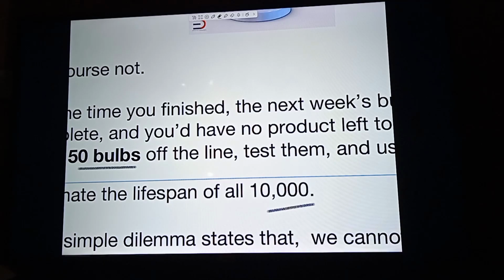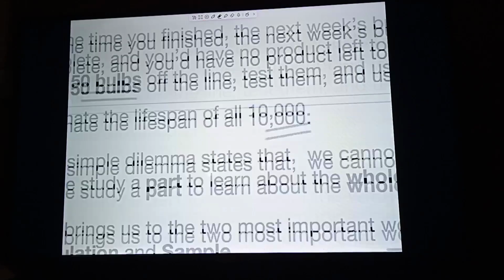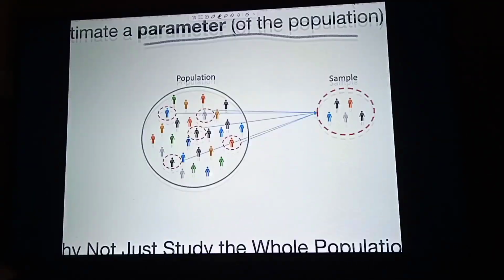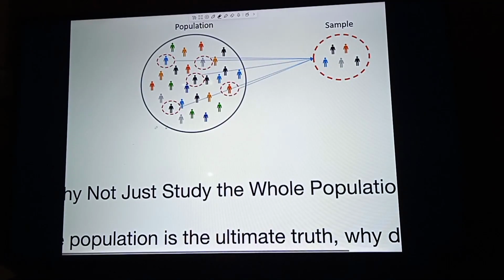If you only take bulbs from one machine or one box, then it is not representative and it doesn't include all parts of the population. Similarly, if this sample is taken from one part of this image, this would not be a representative sample.